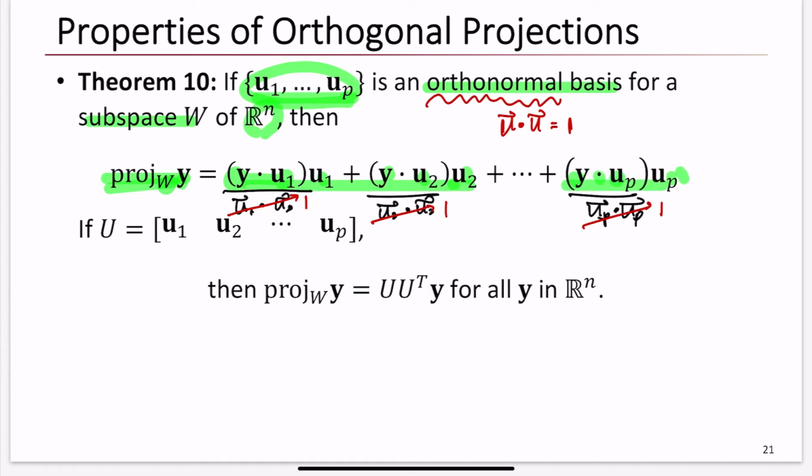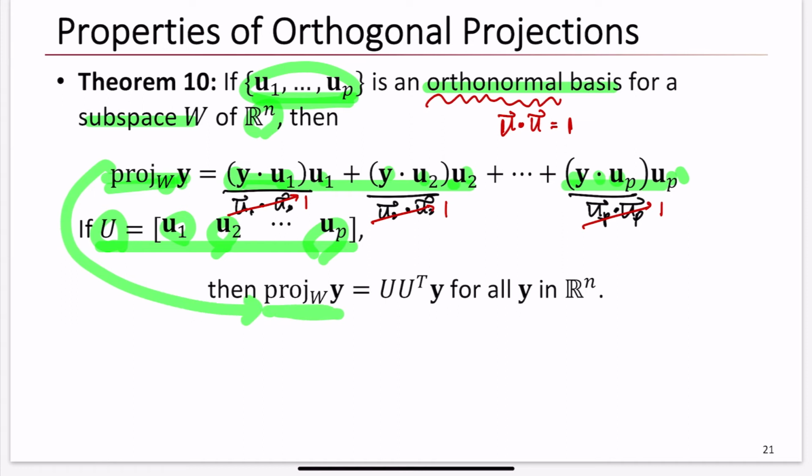If we view matrix U, consisting of U1, U2, and UP as column vectors, then this can be shortly written as U transpose Y, U transpose Y for all Y in Rn space. That's theorem 10.